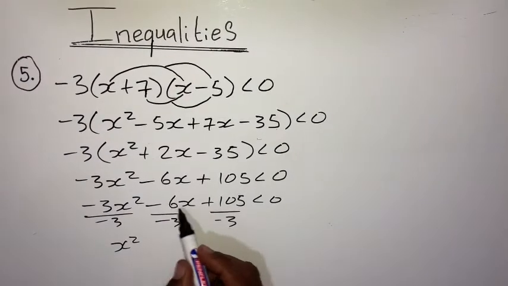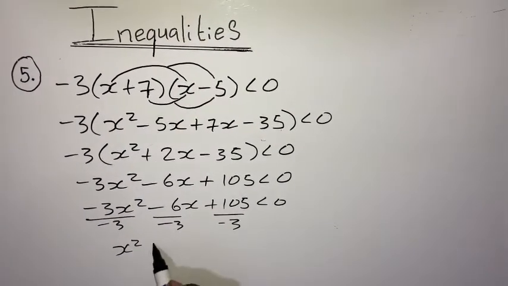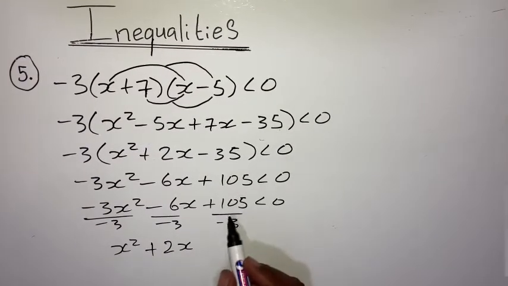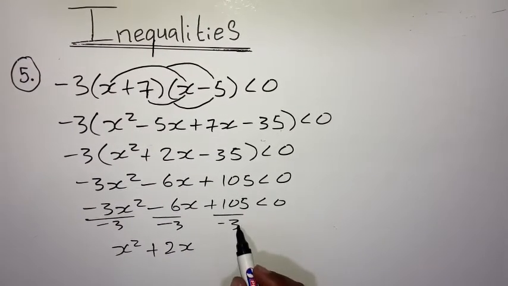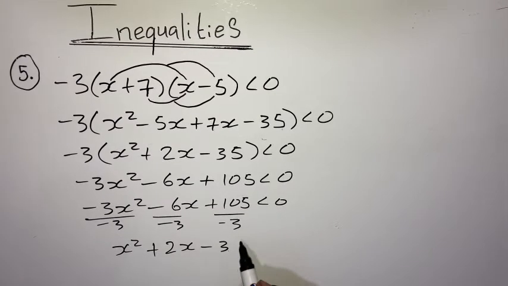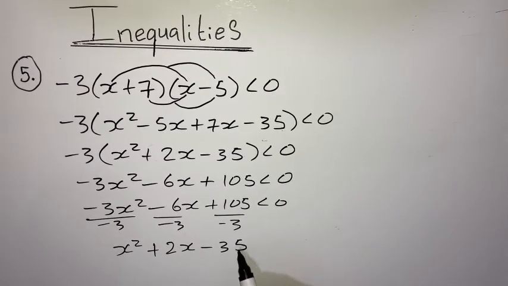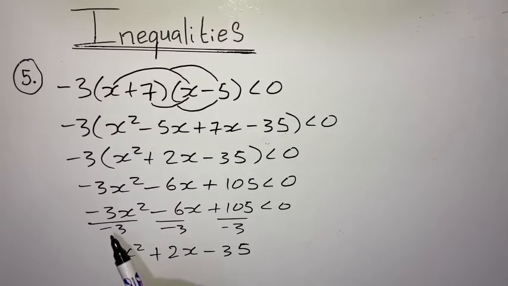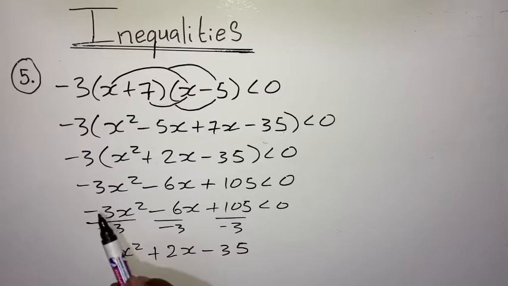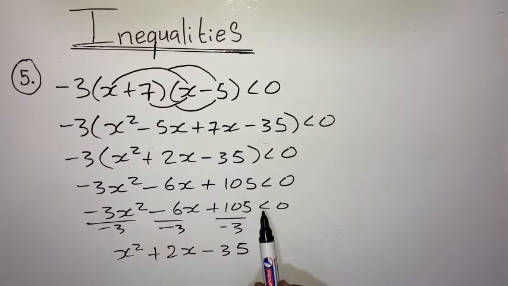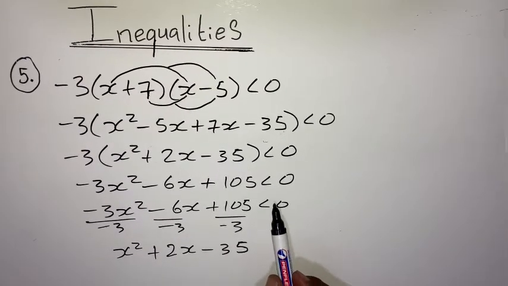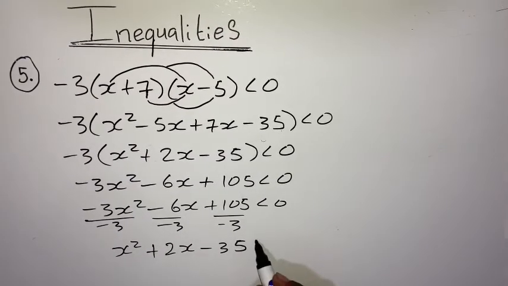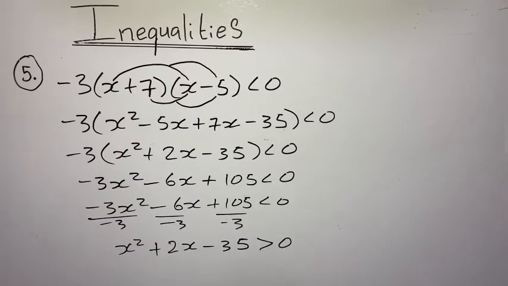Then a negative 6 divided by negative 3, you'll get a plus 2x. 105 divided by negative 3, you'll get a negative 35. Never forgetting that since you were removing this negative from x squared, your sign will have to change from being less than 0 to a greater than 0.